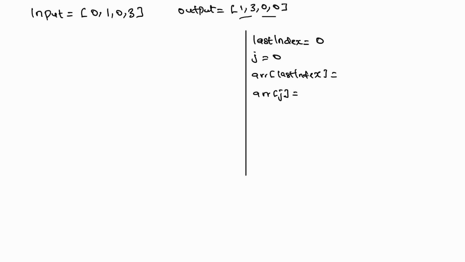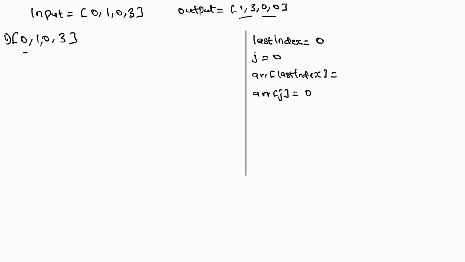So to get started, we have our inputs array, which in the first step is 0, 1, 0, 3. We check if the array at j is not equal to 0. But first, what is the array at j? J is 0, which means the array at j is whatever value is at the 0th index, which is 0 in this case.